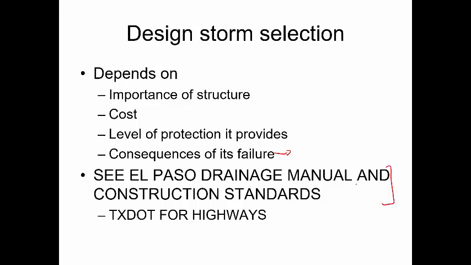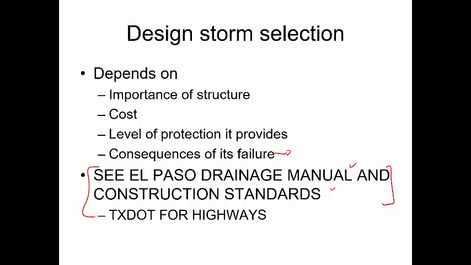In Blackboard, in your resources section for manuals, you will have the El Paso Drainage Manual and the construction standards. And I believe that there's a TxDOT manual for highways. If not, it's easily found online. The El Paso Drainage Manual and the construction manual, you should be able to find online. But what I have found is that the drainage manual you find online is not totally complete.